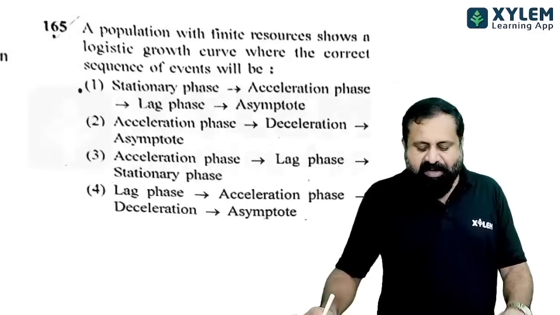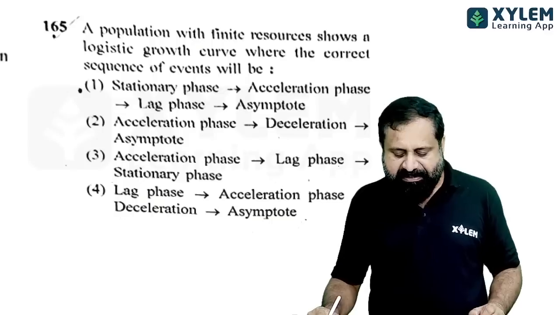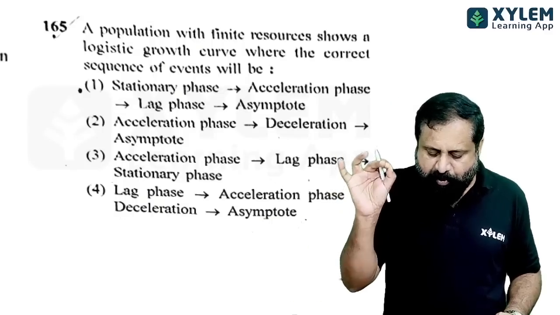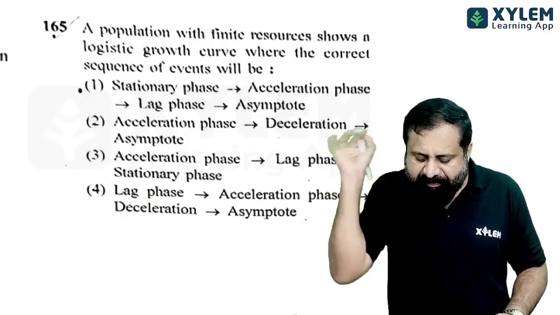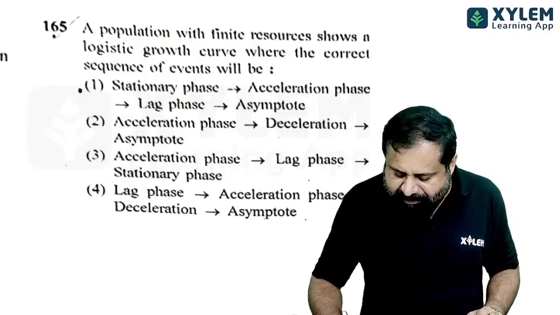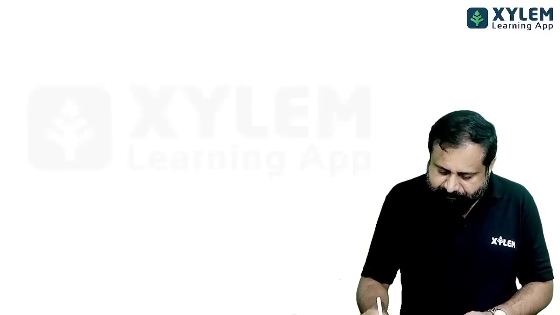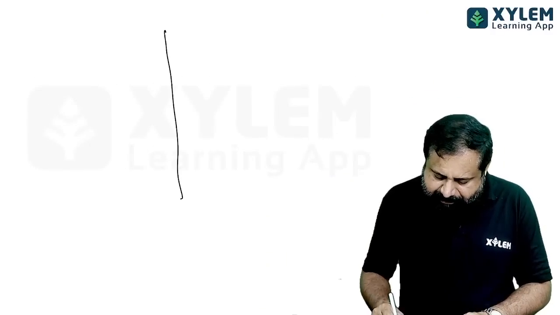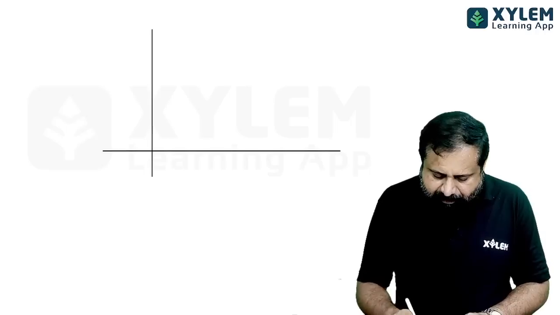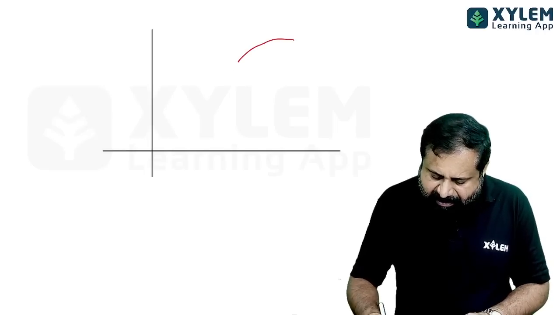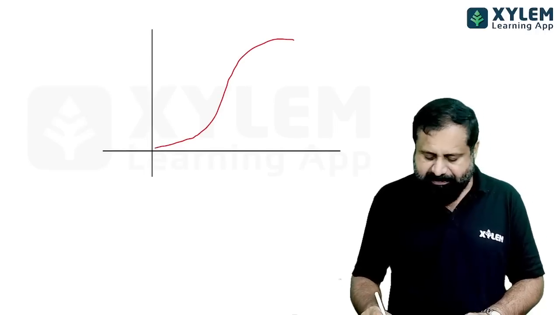165. A population with finite resources shows logistic growth curve where the correct sequence of events will be. You know the logistic growth curve. It is just like this graph. When you take the graph, it has mainly 3 phases.